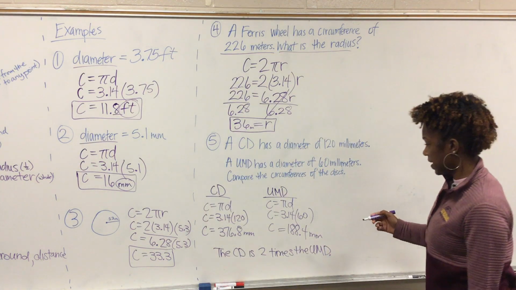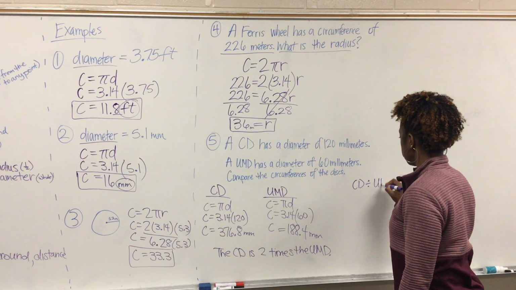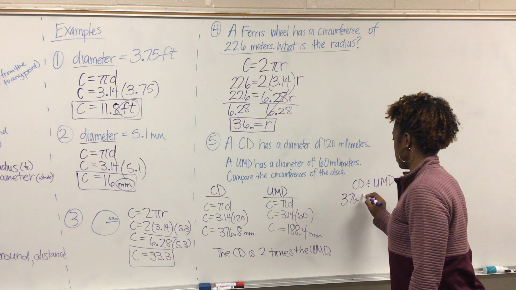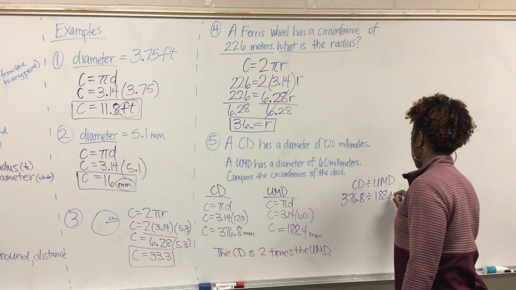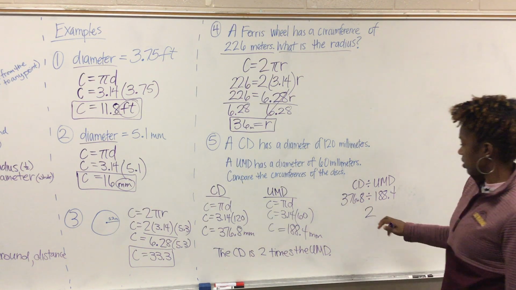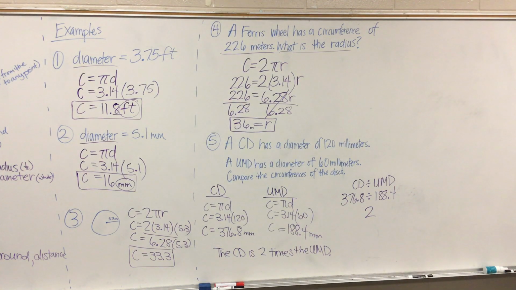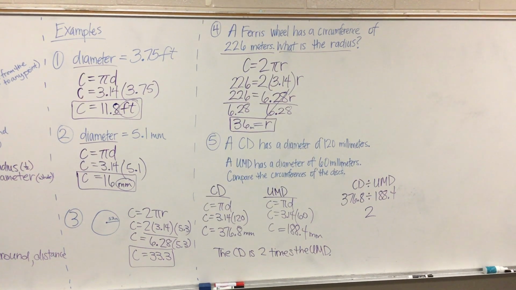And I know that because if I divide the CD by the UMD, that's 376.8 divided by 188.4, that would give me 2. So I know that the CD is 2 times the UMD. Or you can say the UMD is 2 times smaller than the CD. This is circumference.